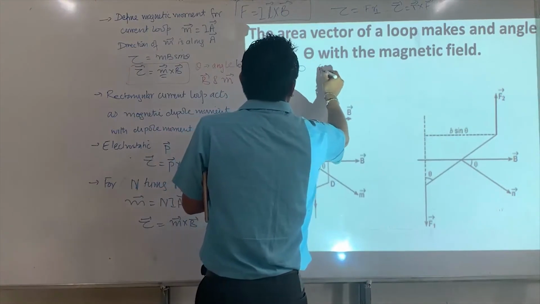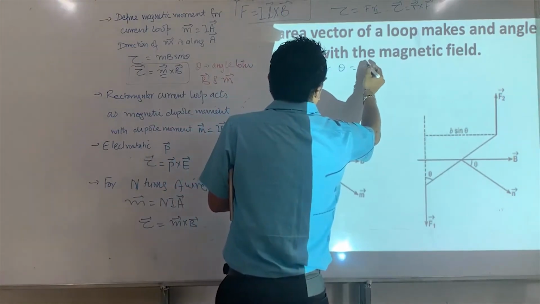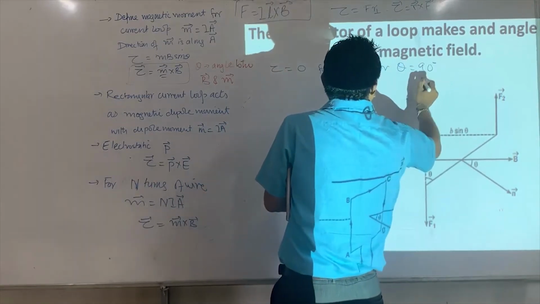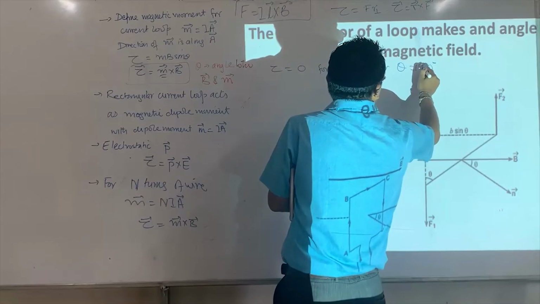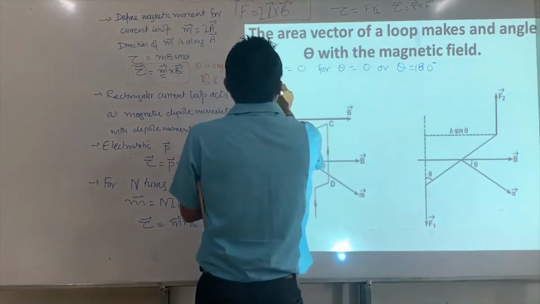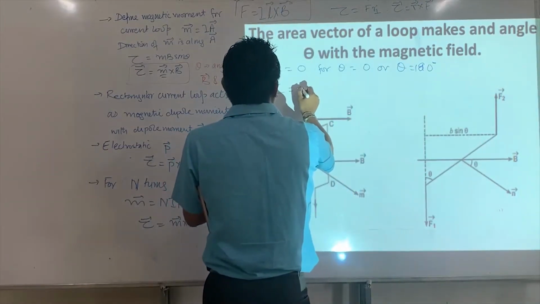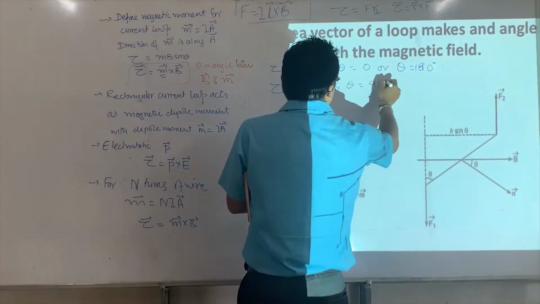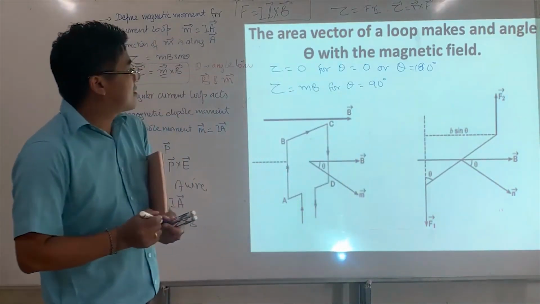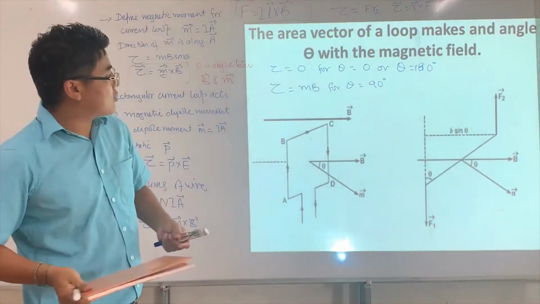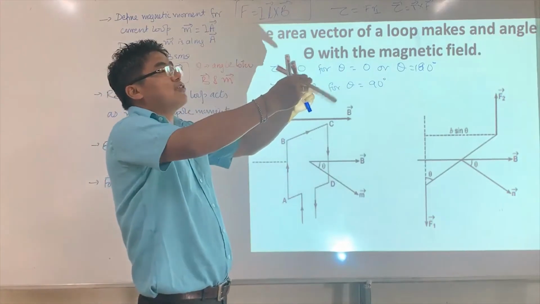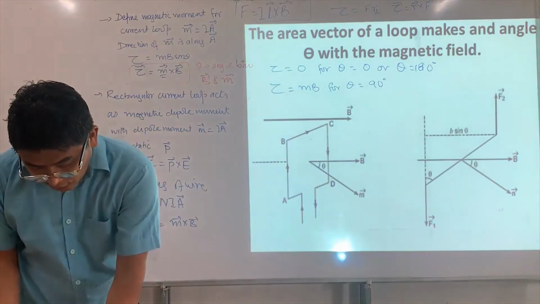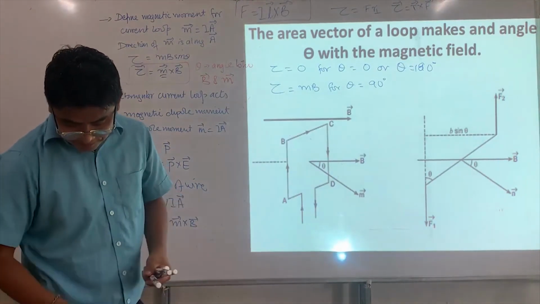Torque is zero for theta equal to 0, 90 degrees, 180 degrees, and the torque is going to be a maximum, equal to MB, for theta equal to 90 degrees. So you should keep in mind that throughout the rotation, the torque varies from 0 to maximum.